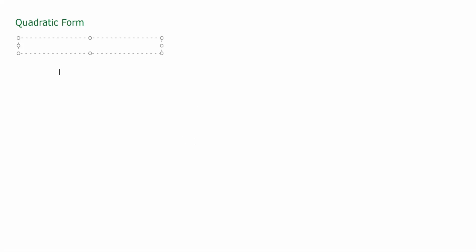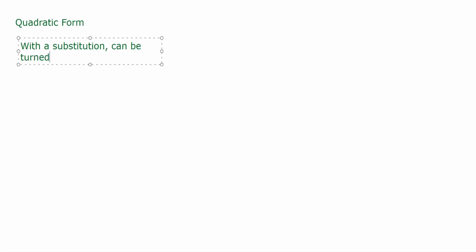But with a little substitution, these are equations that can be turned into a quadratic equation. A little quick substitution, and you'll see that you can turn them into quadratic equations almost overnight. It's like a miracle drug.